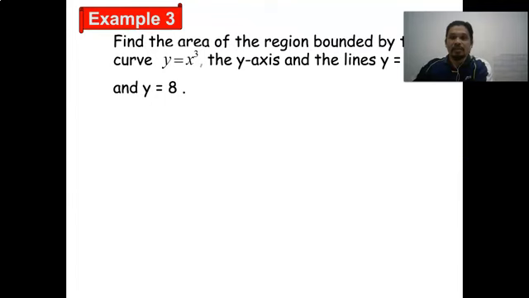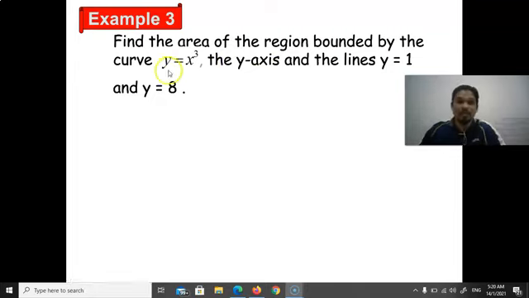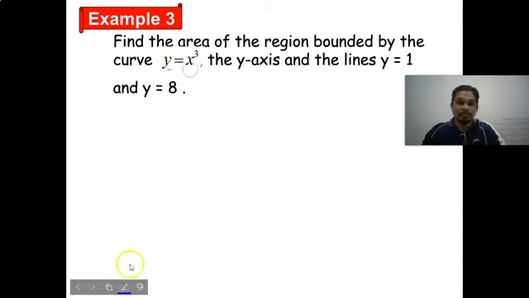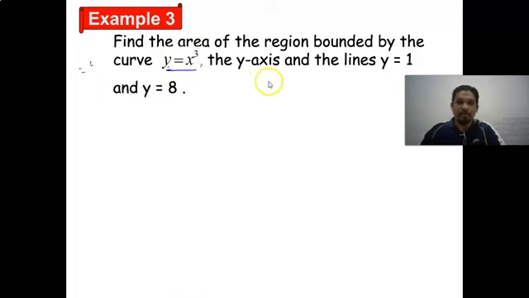Find the area bounded by the curve of y equal to x cubed, the y-axis, and the lines y equal to 1 until y equal to 8. So y equal to x cubed. Sorry, what's wrong with it? Okay, y equal to x cubed, and the graph is something like this, right?